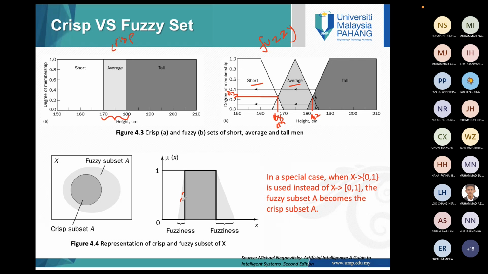For example, here we have wiggle room, where this particular group of persons might fall in this group also, and this particular group might fall in that group also. It's not rigid like the crisp one. You can see the fuzzy sets have a crossover part here, so some persons might fall into two categories. That's the difference between the fuzzy and the original crisp set.